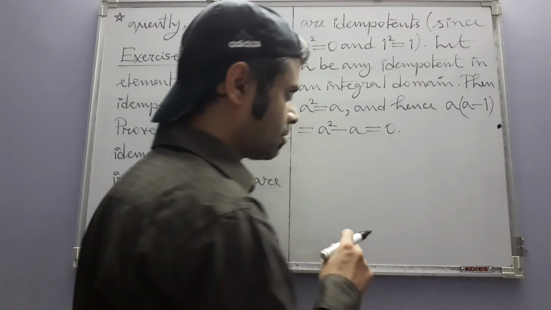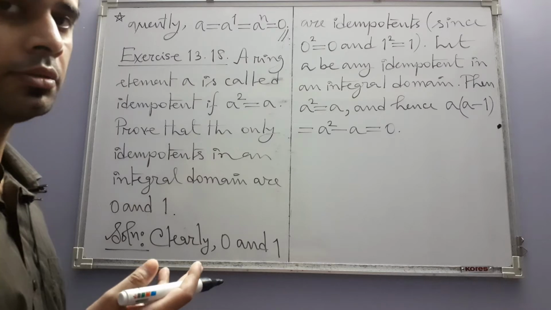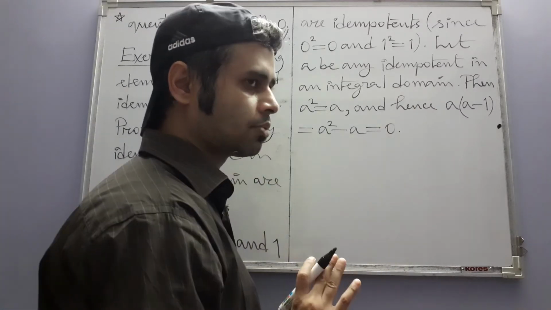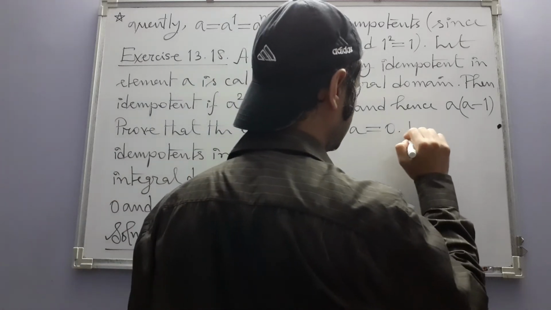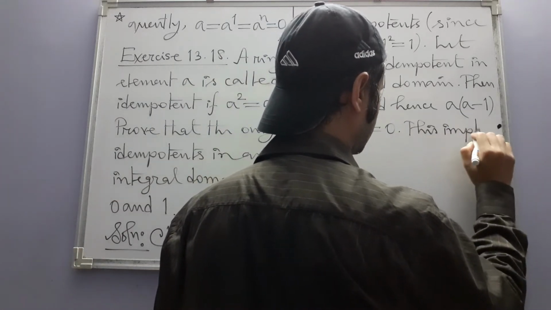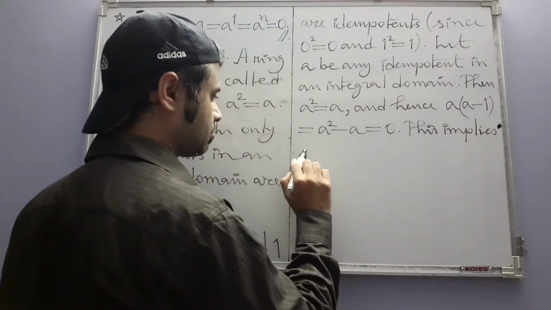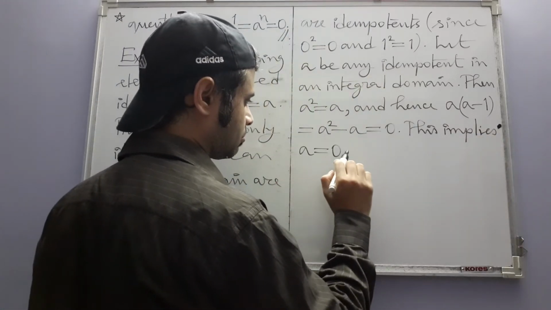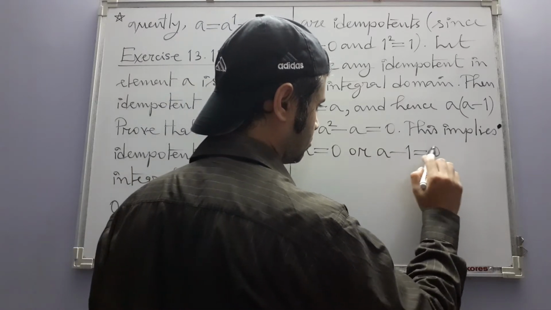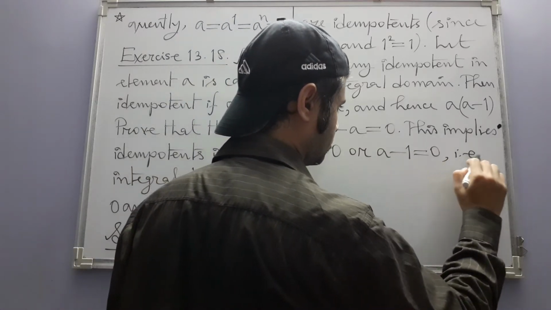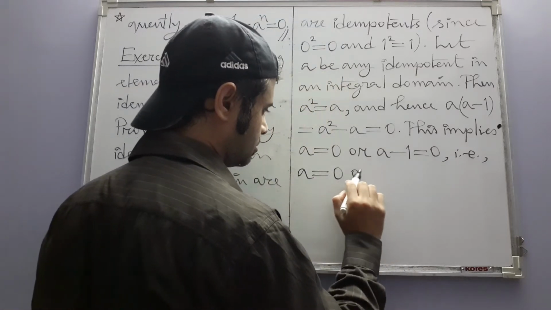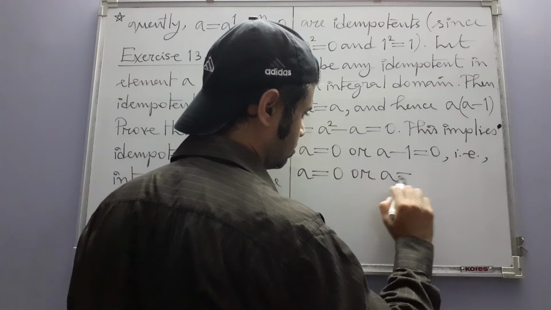This implies, because we are in an integral domain, that A is 0 or A minus 1 is 0, i.e. A is 0 or A is 1.